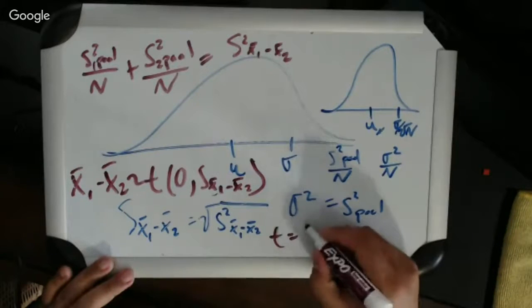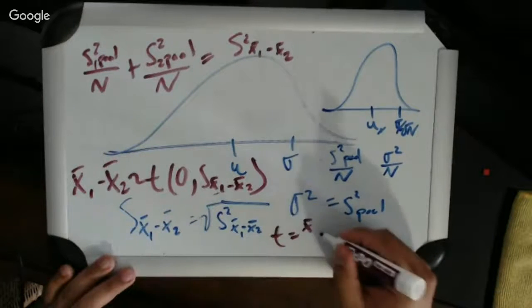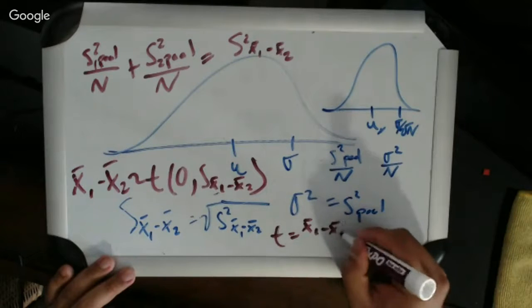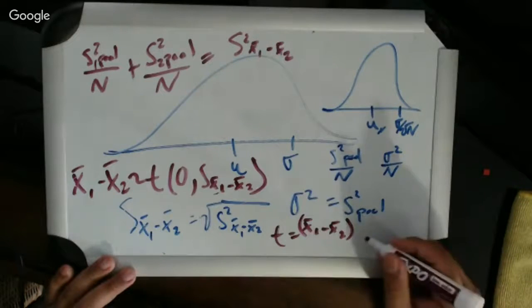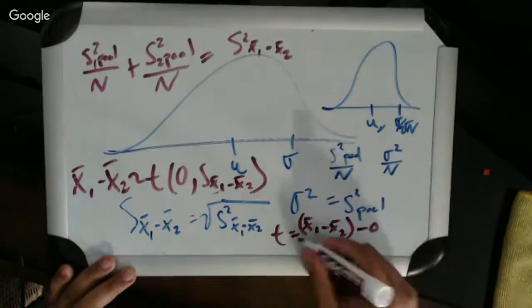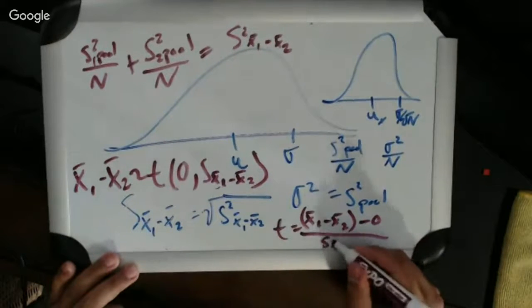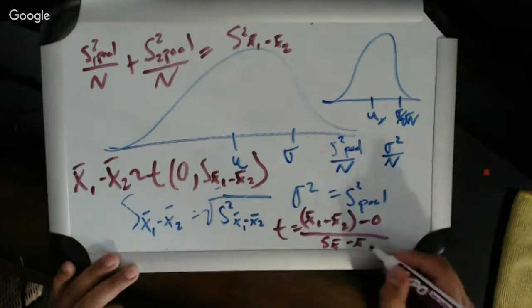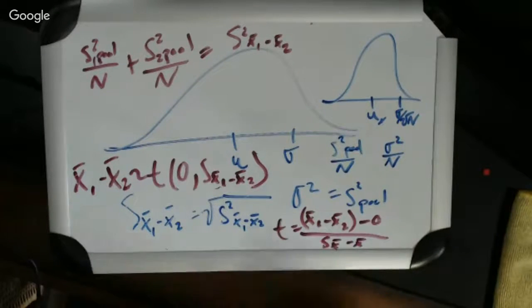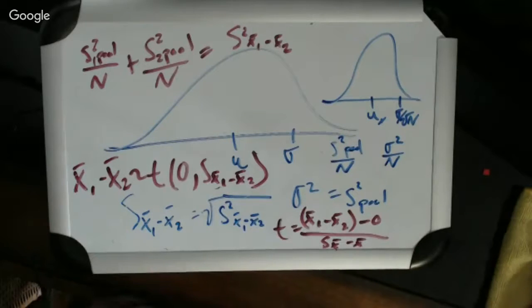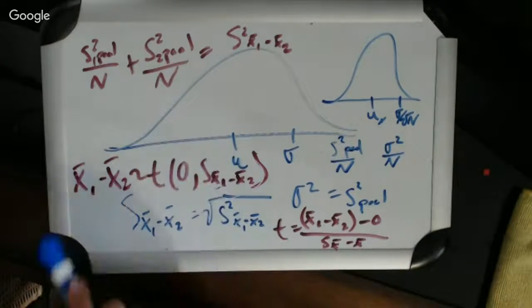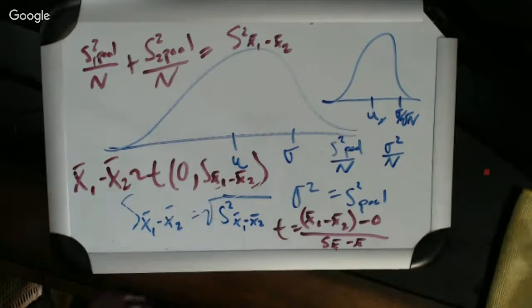T is equal to, in this case, x bar 1 minus x bar 2, which is the thing we're observing, minus the expected difference of 0, divided by the spread of all these values. It's a bunch of steps, but the point is to be able to describe our expectations of the differences.